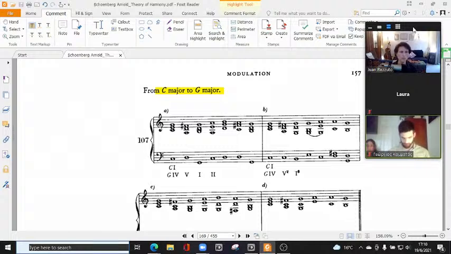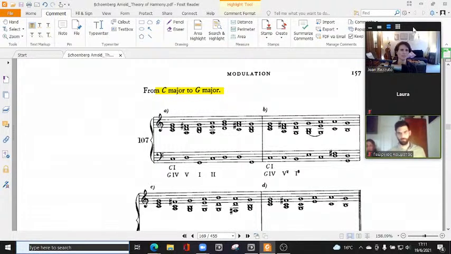Usually we tend to think about modulation in those terms: C to G, C to F, C to A. That's it. But actually, we should consider all the possibilities. But we're going to start with the most straightforward step, which is C major to G major, the most common, to the dominant.